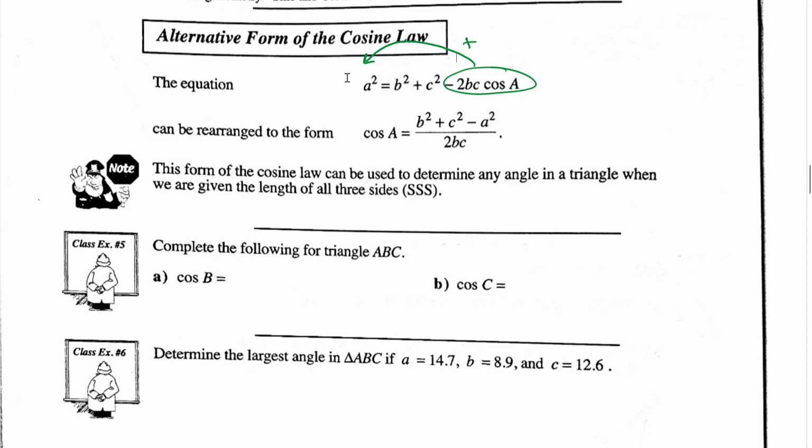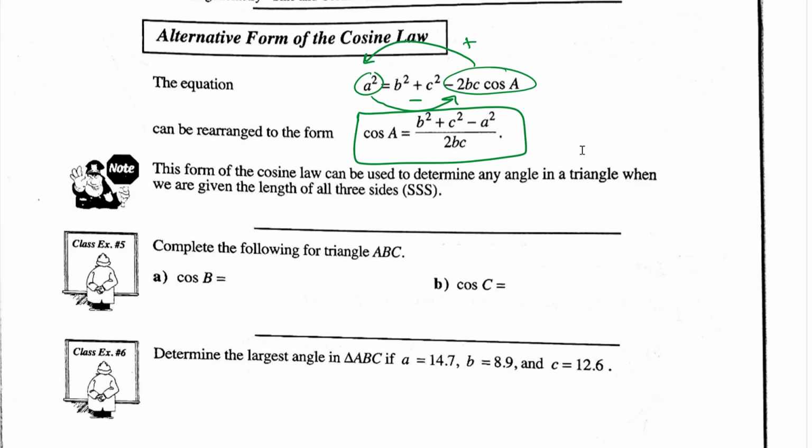At the same time, you subtract a squared from both sides, so it appears as a negative a squared on the right-hand side and disappears on the left. Then you divide both sides by 2bc and you end up with this equation right here. You can either memorize that and put it on your cheat sheet, or work it out every single time you do a question.